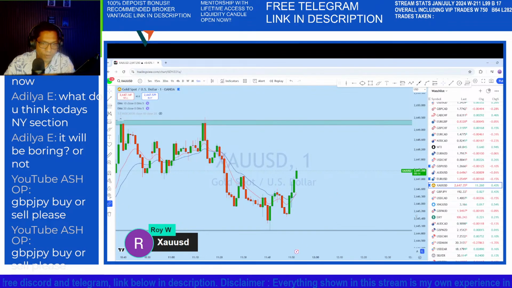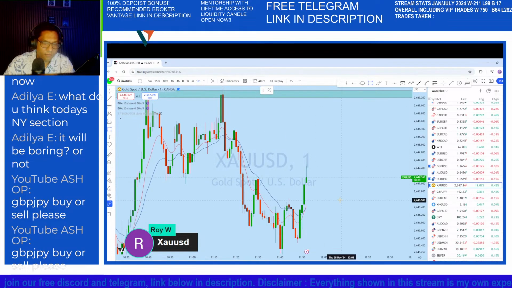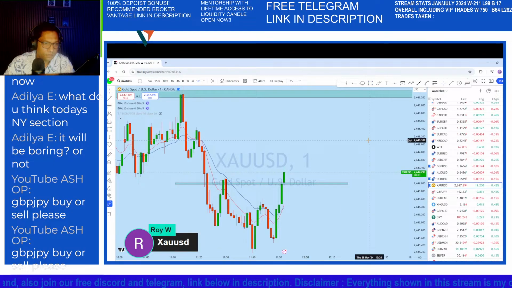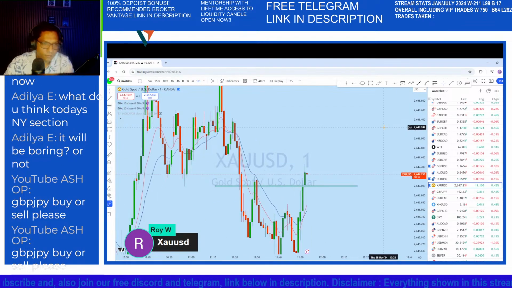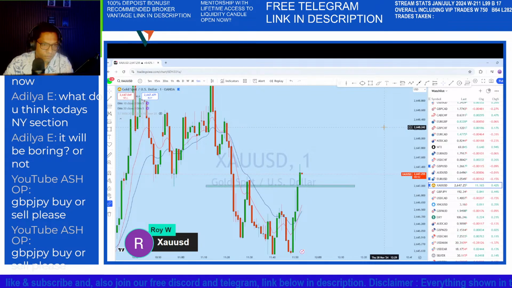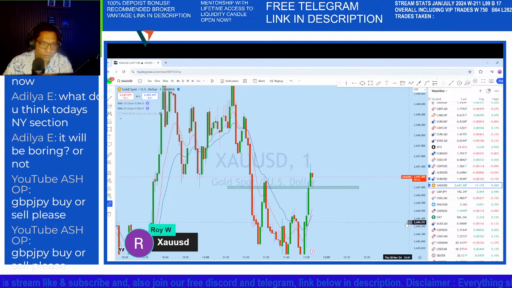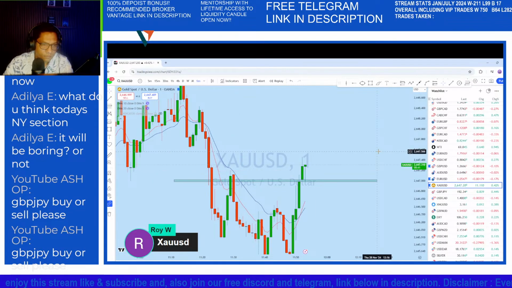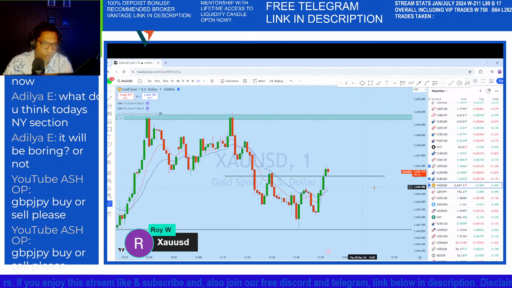We can see there's a gap open in that area, and with this gap opening, the market is potentially forming bullish structure here.